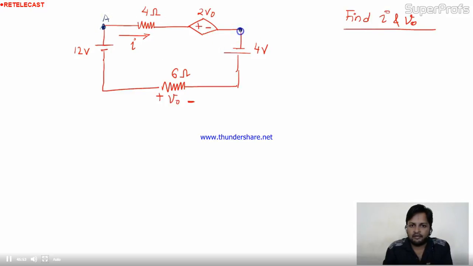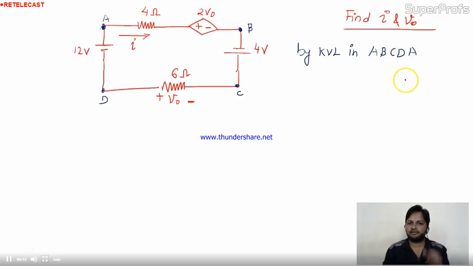A, B, C, D. So by mesh analysis, or I can say by KVL in A, B, C, D, A. This is the closed path, so we'll start from A. The voltage drop across 4 ohm will be like this, and the value of the drop will be 4I, with a negative sign. The outer sign we consider in the equation.